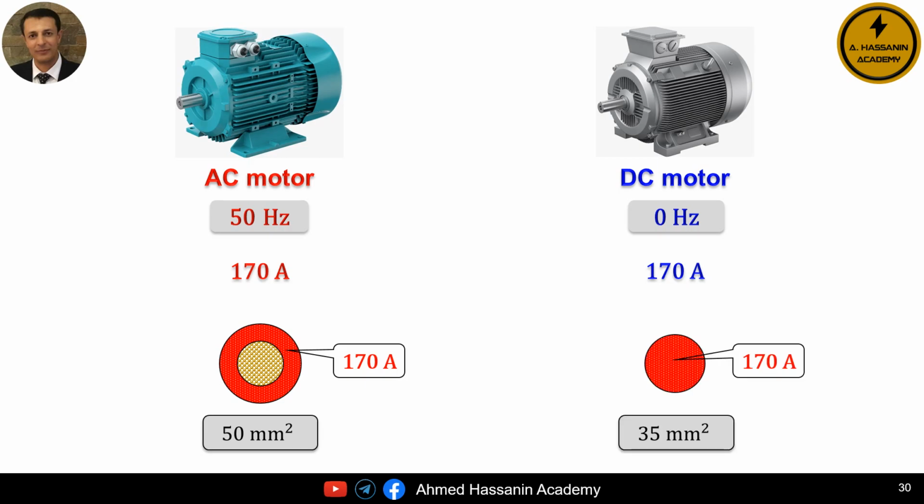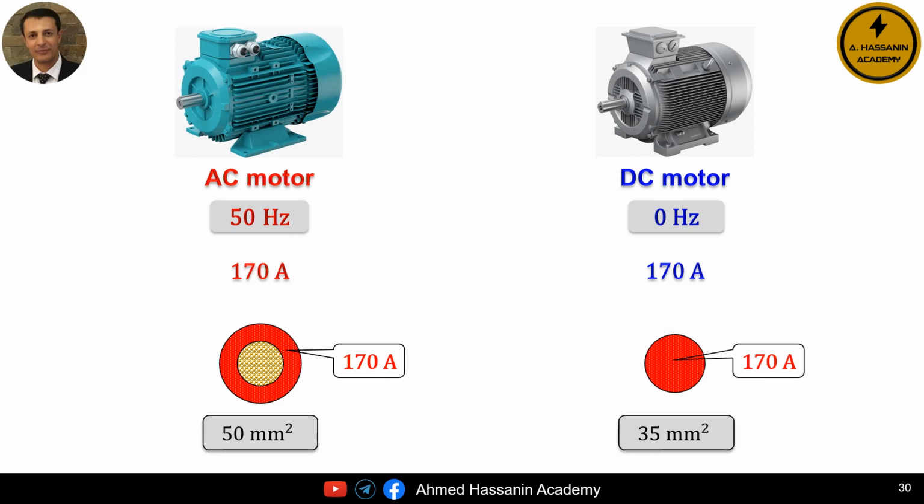Also, according to the previous explanation, we find that the appropriate cross-sectional area for the motor operating under direct current, DC, with a rated current of 170 amperes is, for example, 35 square millimeters. Therefore, from the previous explanation, we find that the cross-sectional area used in the case of the motor operating under DC is certainly less than the cross-sectional area used for the motor operating under alternating current, AC, at 50 Hz.